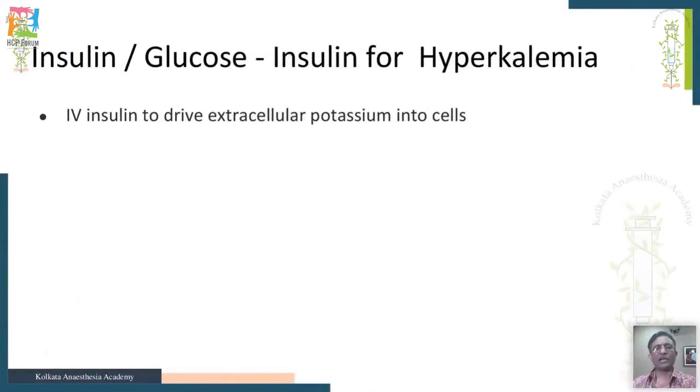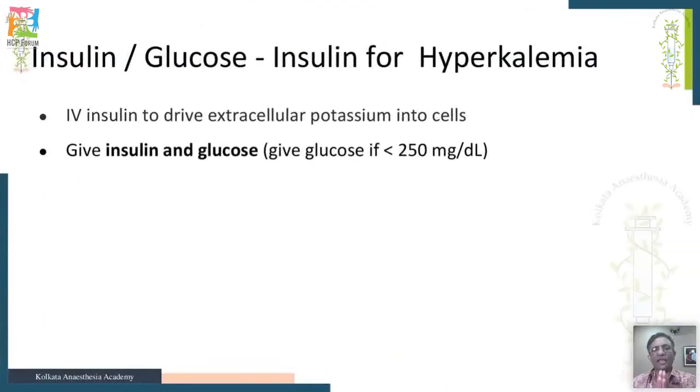How about insulin glucose? This, as I told you, drives the extracellular potassium into the cells and therefore is reducing the gradient. If the glucose levels are less than 250, give insulin and glucose.